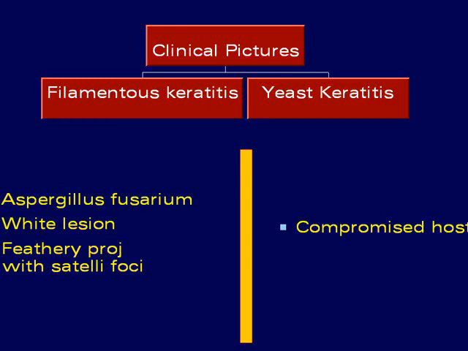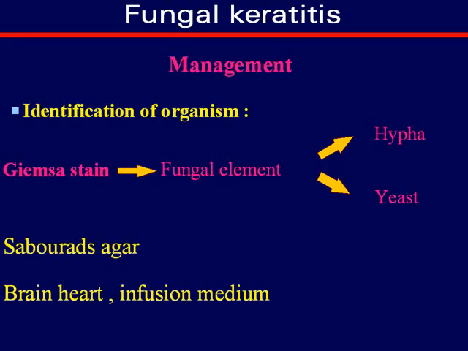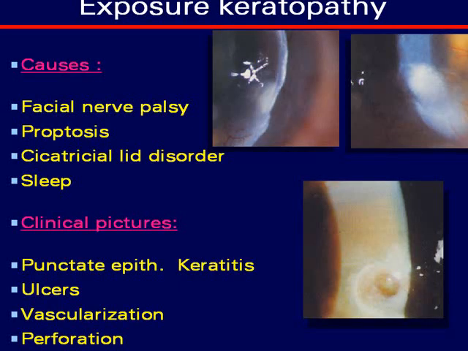We use special staining to see the hyphae of filamentous keratitis, or Gram staining also. So for the management, we have to do Gram staining, Giemsa staining actually, and see if there are hyphae or yeasts. We can grow them in Sabouraud media or blood heart infusion media.